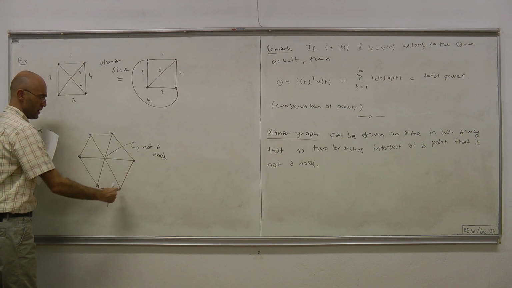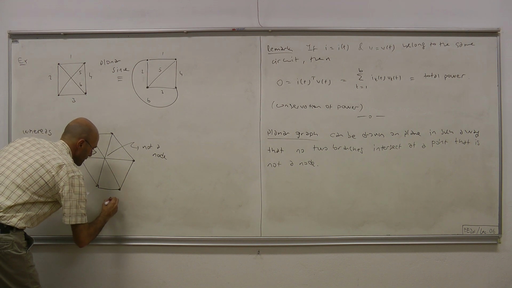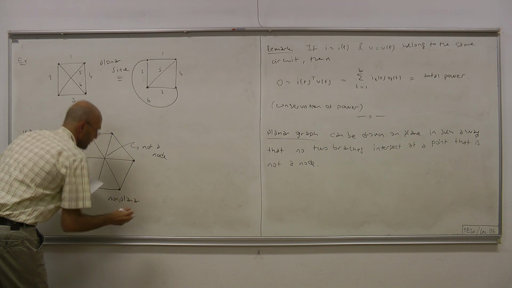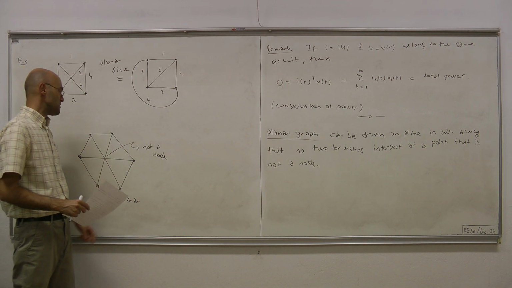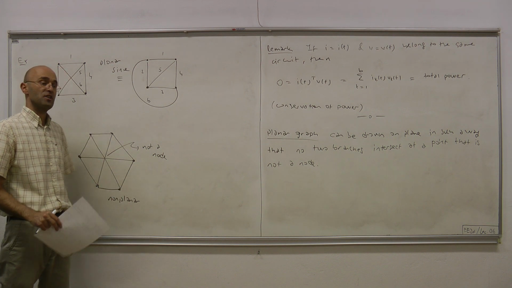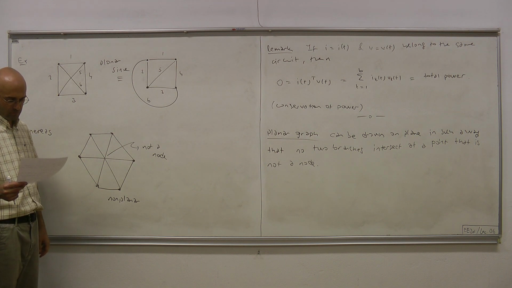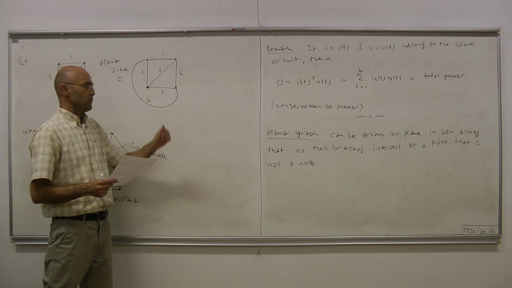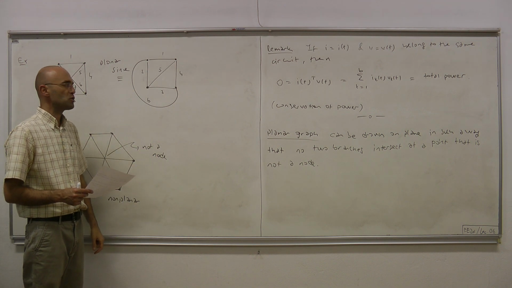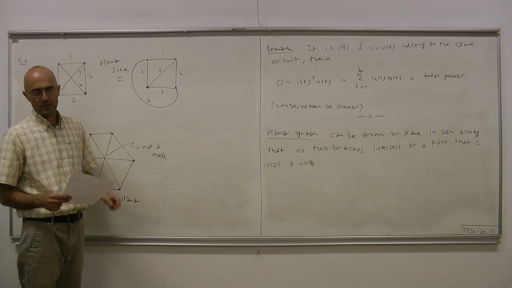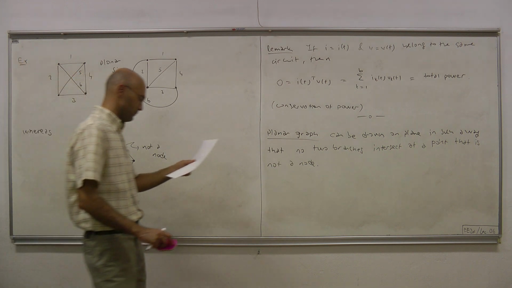The only nodes are here at the corners. This is non-planar. Okay. Because no matter how you try to draw the branches, there will always have to be at least one intersection, and because of that intersection, this graph is non-planar. Okay. Now, the reason that we are defining planar graphs is because the method that we'll introduce only works on planar graphs. Okay. So that's a little hiccup regarding that.